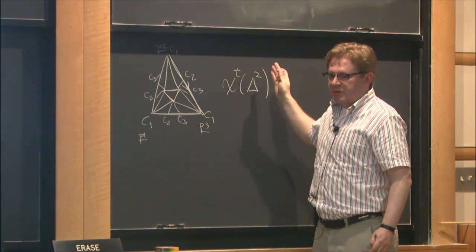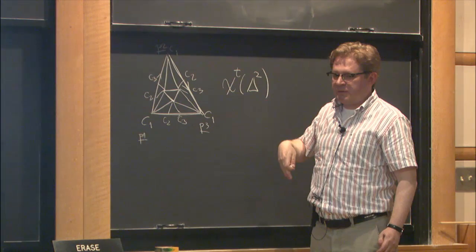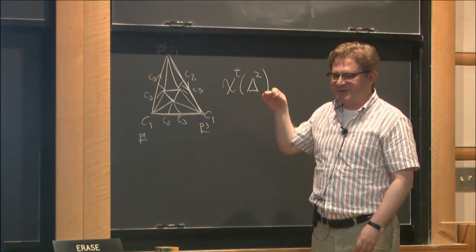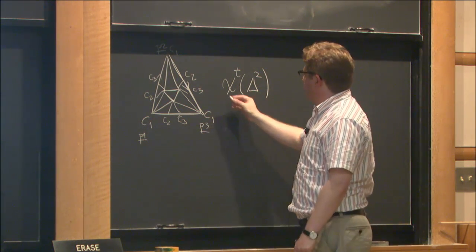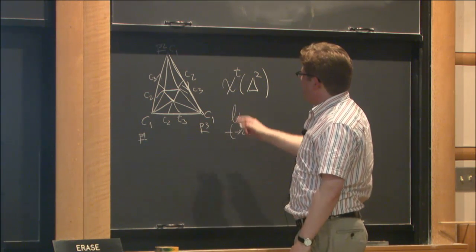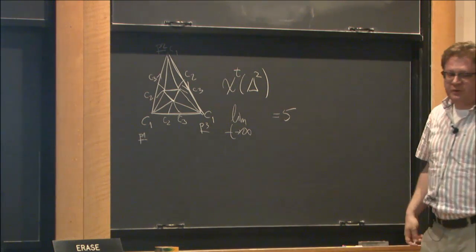When t grows, the number of colors does not increase, which means it converges, because it may decrease a little bit, but it's bounded by 0 from below. So there is a limit. The limit as t goes to infinity of the number of colors you need is 5. You can show that.